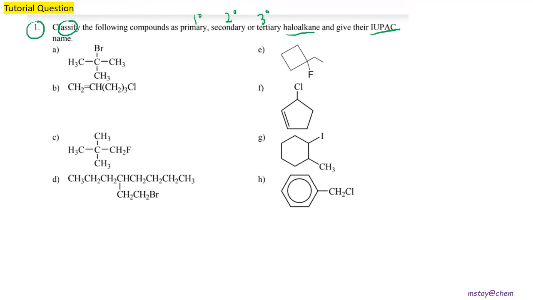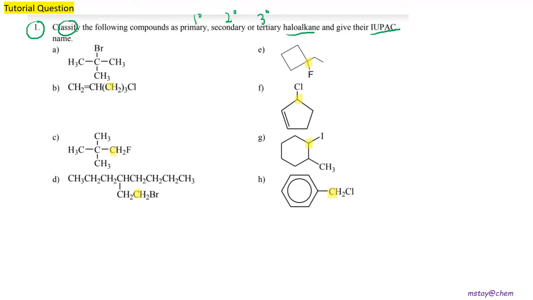So we only need to focus on the carbon which is bonded to halogen. This is the carbon bonded to halogen. This is the carbon bonded to halogen. This is the carbon bonded to halogen. This is the carbon bonded to halogen. So each carbon that is bonded to halogen is highlighted with yellow color.